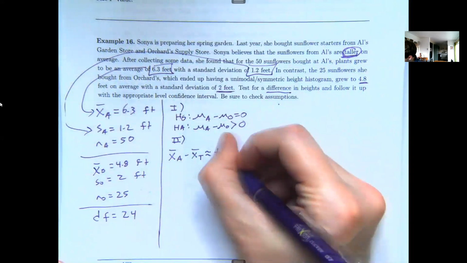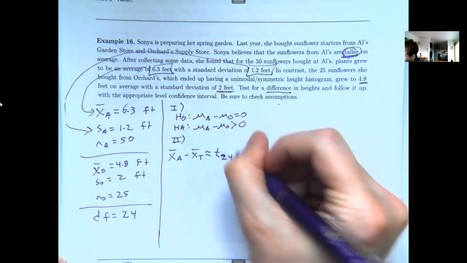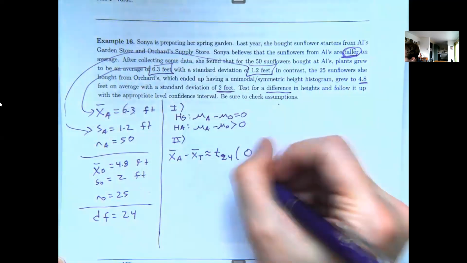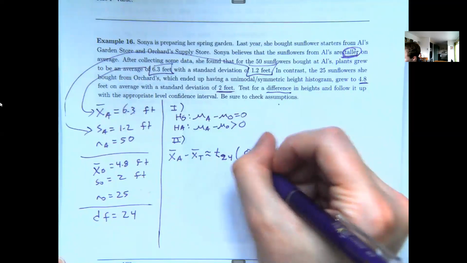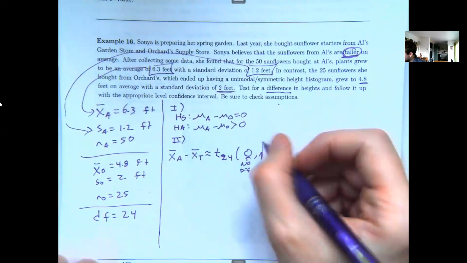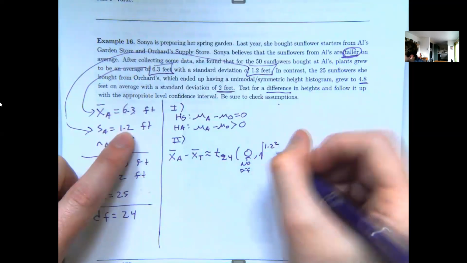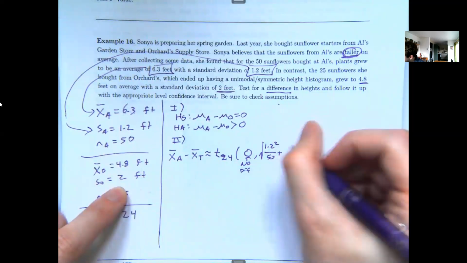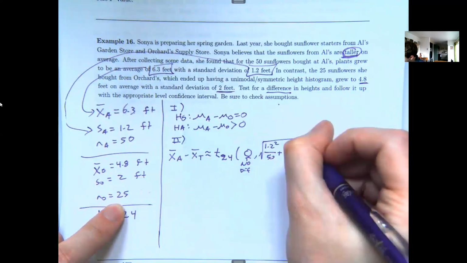I'm going to do A minus O. It follows a T distribution. Degrees of freedom here, 24, as strong as our weakest group. Center is always 0 when I'm comparing two groups because it represents there being no difference in the groups. And the standard deviation is the square root of, and I can do this in either order because addition is pretty forgiving, but first standard deviation squared over its n, second standard deviation squared over its n.